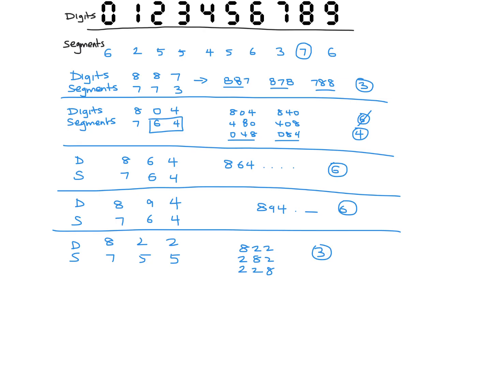And then similarly, if we had 8, 2, 8, 5, 5, in terms of digits and segments, yeah, that gives me another 3.